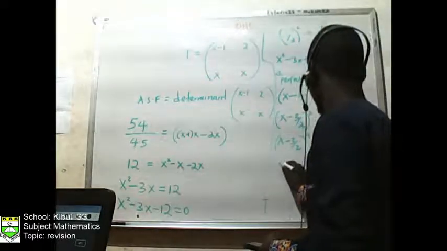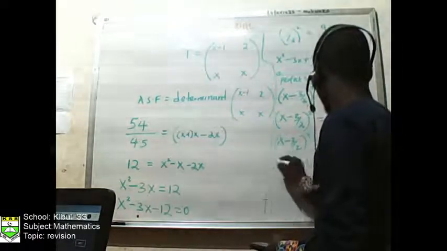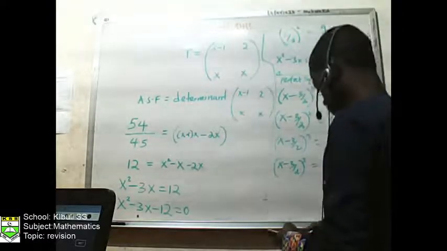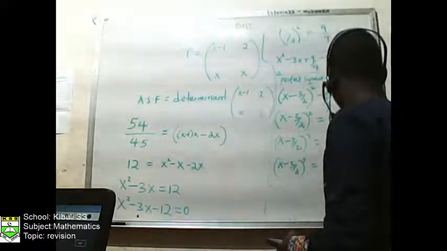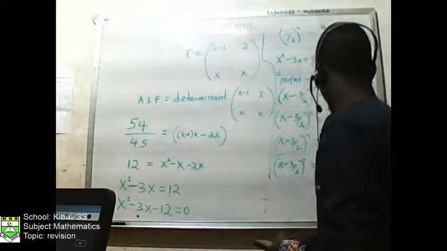So x minus 3 over 2 squared is equal to 57 over 4. Find the square root.